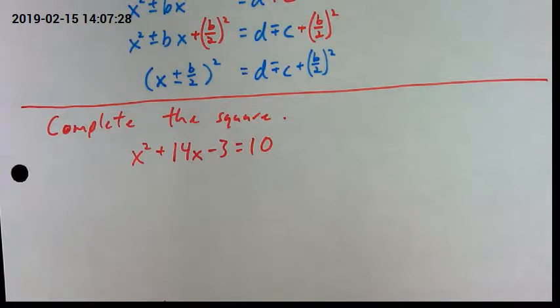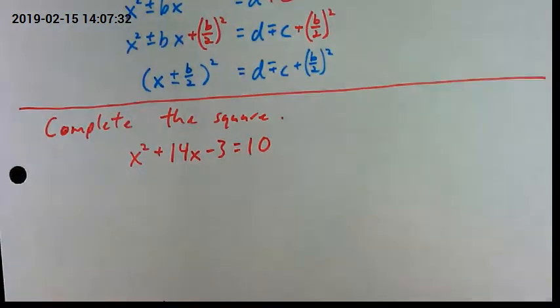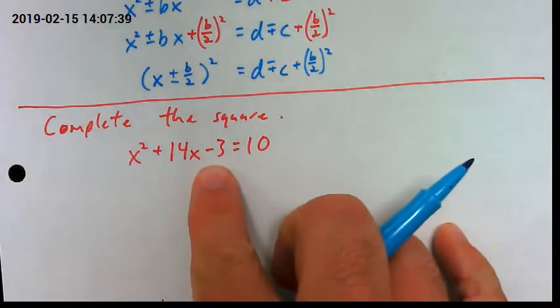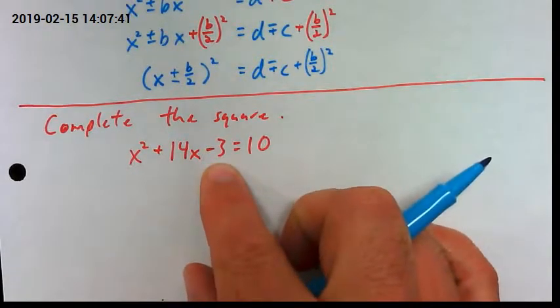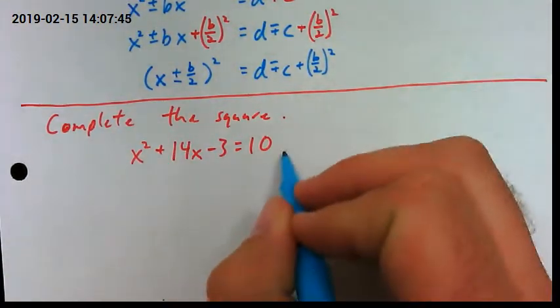Currently, this is not a perfect square trinomial, so we're going to make it one. The way we do that is we first get rid of the c value, the constant. The 3 needs to be brought over to the other side.